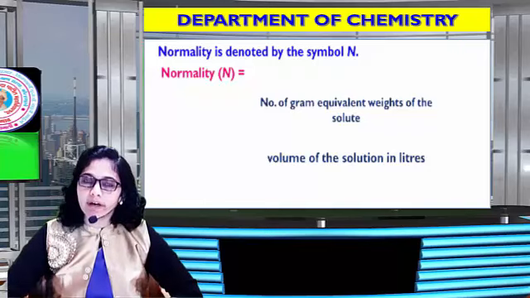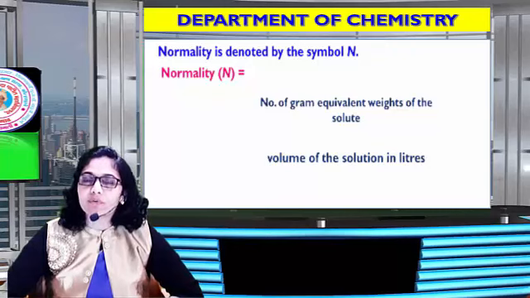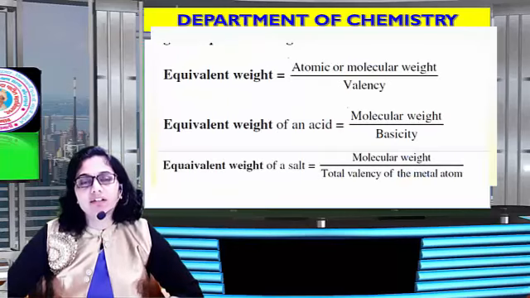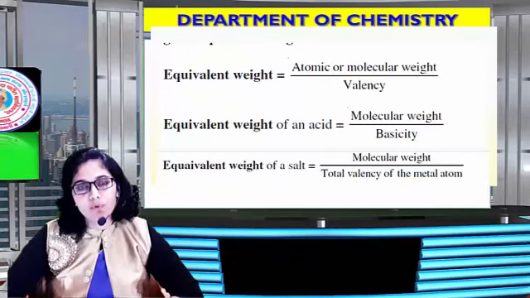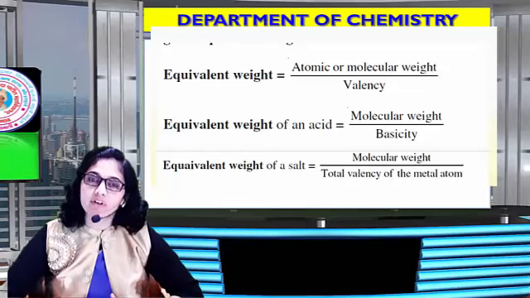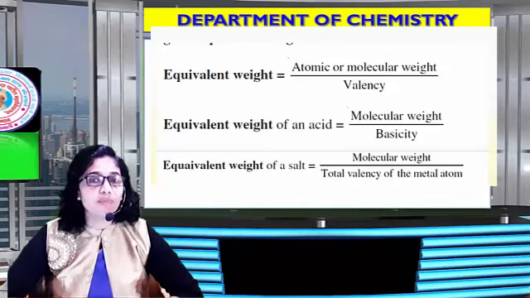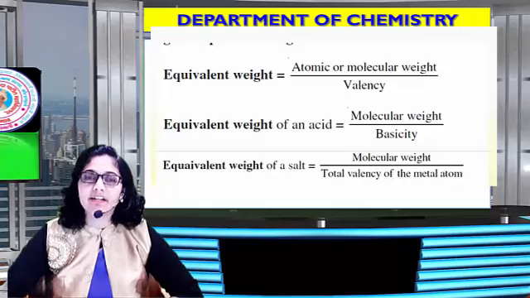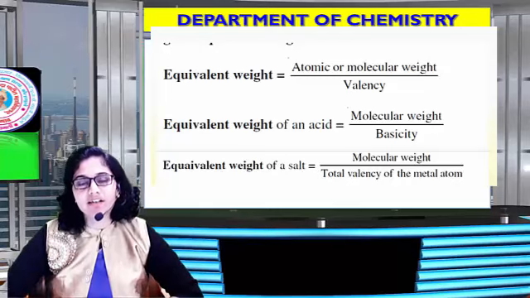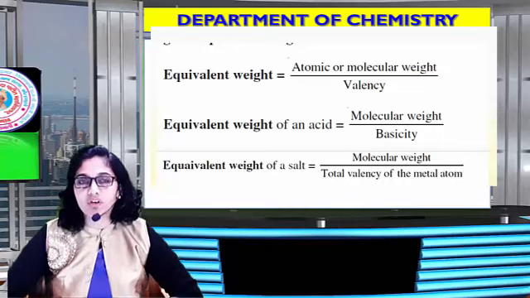In case of an acid, for calculation of equivalent weight, we take the ratio of molecular weight upon the basicity of that acid. If we have HCl, in HCl there is one hydrogen atom, or one H+ ion, and that H+ ion is able to neutralize one OH- ion, or one molecule of base.